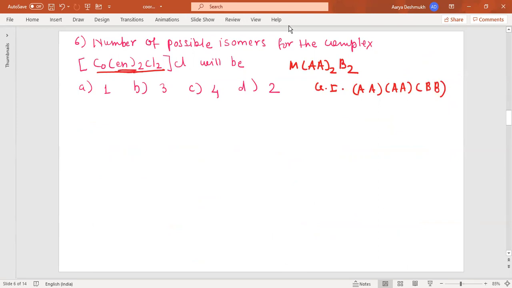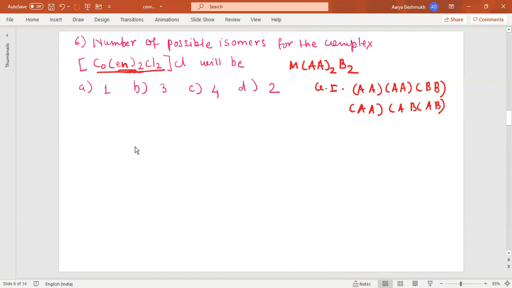The coordination number is 6 here, remember, because each ethylene diamine has two donor atoms, so 2 into 2, 4. So the coordination number will be 6 here. Another combination is AA, then AB, and AB. So geometrical isomers possible here are 2.